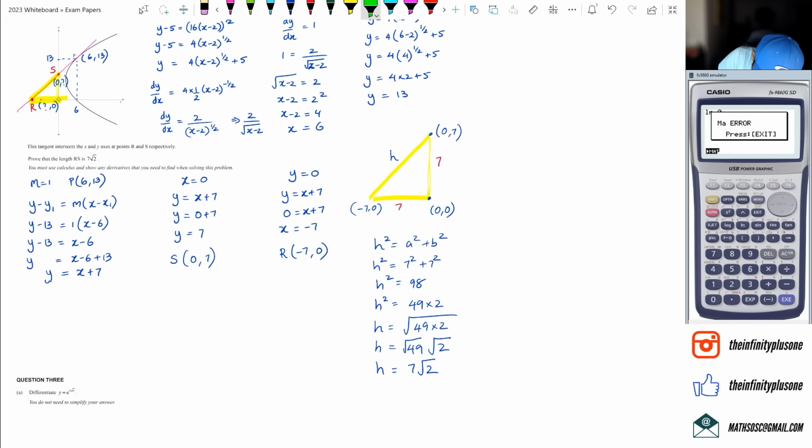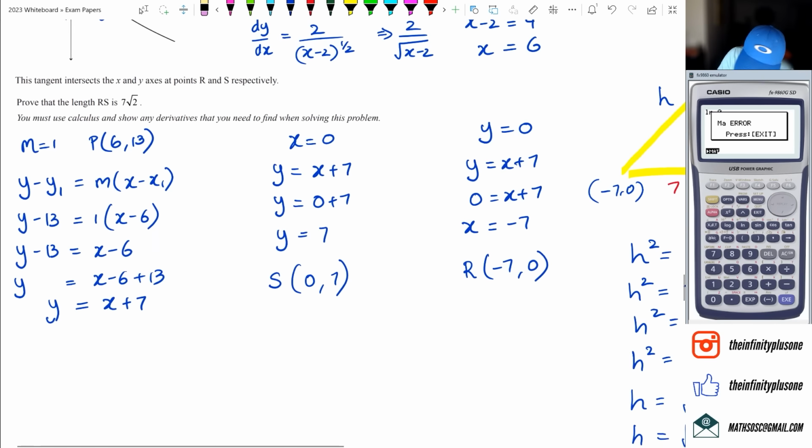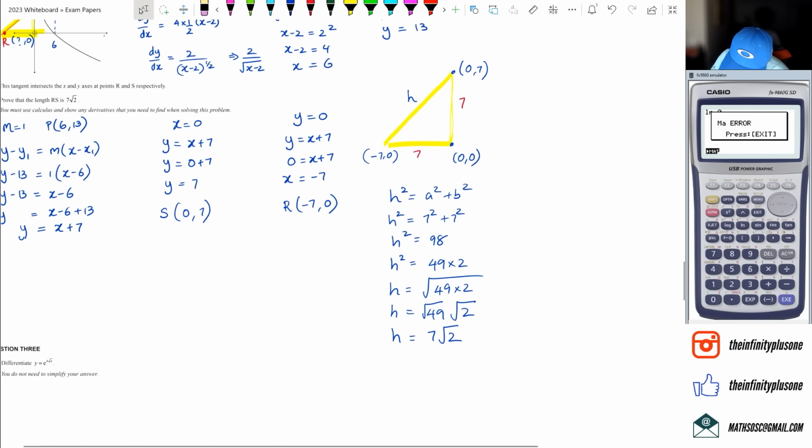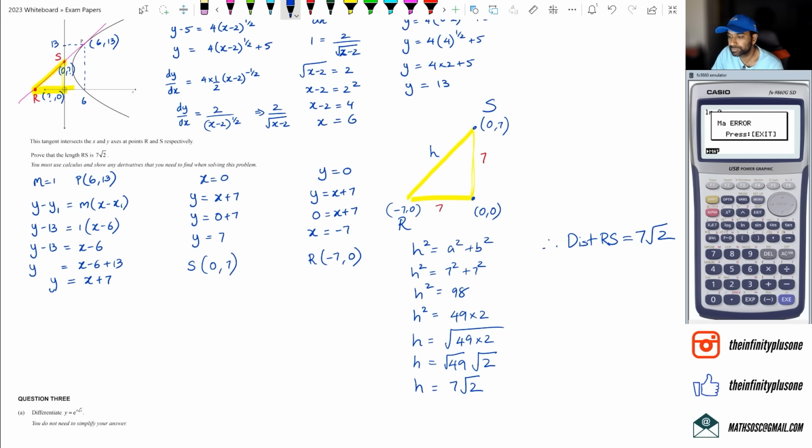And I believe that is what the question said: prove that the length of RS is 7 root 2, and I think that's what we've just done here. I might just put these points here, which are R and S. Therefore, we can say that the distance of RS is equal to 7 square root of 2.